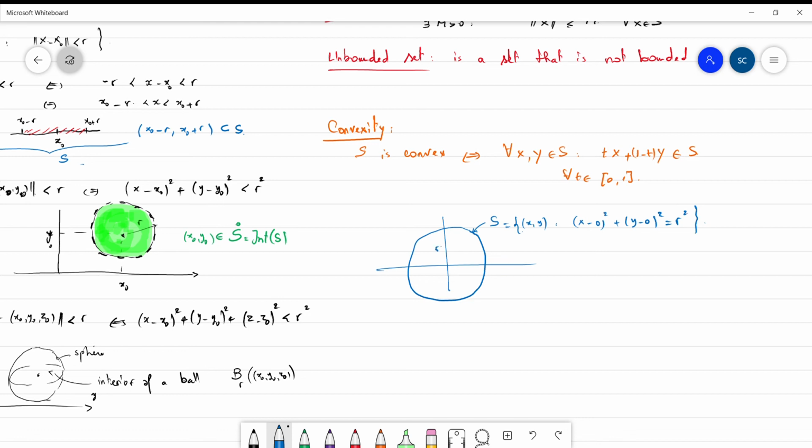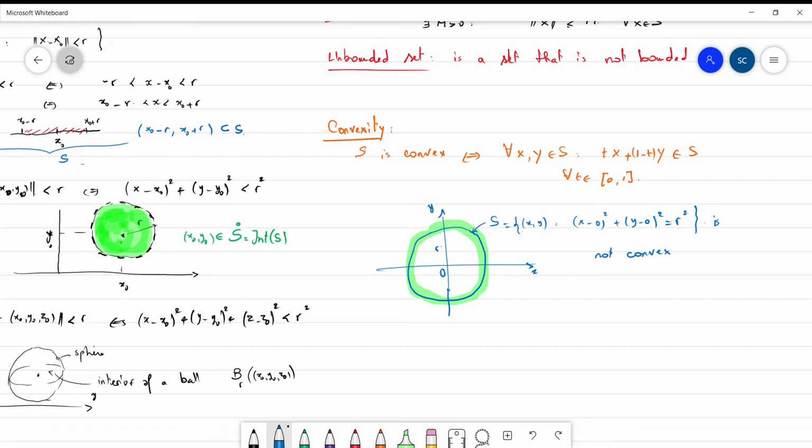You have (0, 0), the origin. So this is my set. It's just this curved line. Okay, it's the circle. So this circle is not convex.